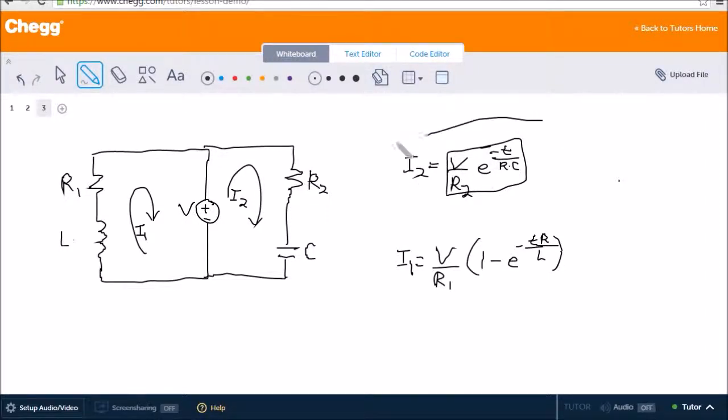There's your I2. Multiply it by your resistance, R2, and that would be for your voltage. You can square the current and multiply it times your resistance for your power. I squared times R is power.